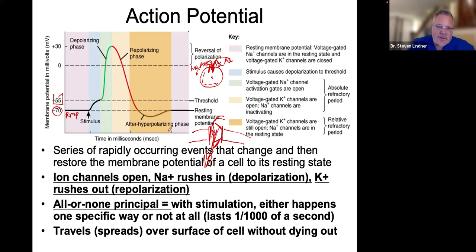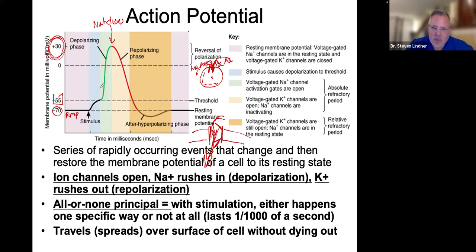As lots of sodium rushes in, it's not this little subtle increase. All of a sudden, boom, right? Both of these gates are open. You get this incredible positive voltage change. That's depolarization until we hit that positive 30. Once we hit the positive 30, the sodium channel closes.